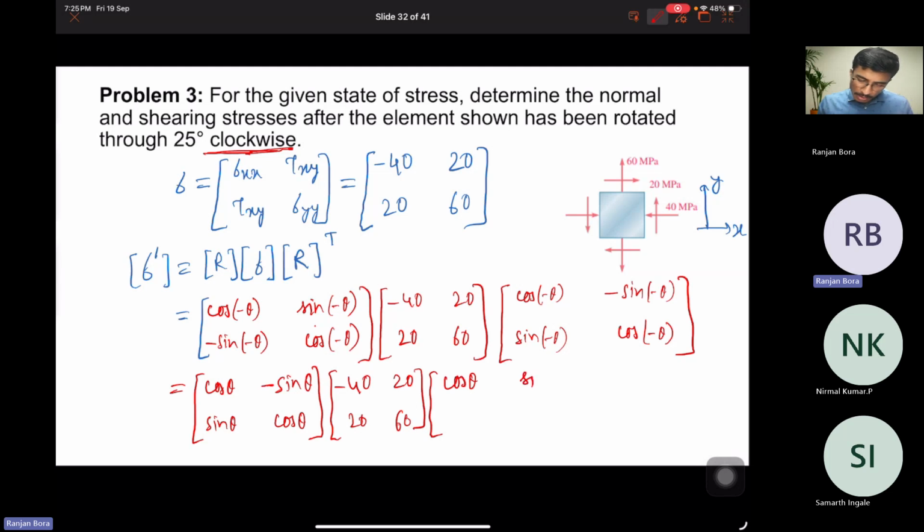cos theta sin theta. Now we'll substitute theta as 25 degrees. I'm directly writing, I will put cos 25 here. So cos 25 is 0.91 and minus sin 25 is 0.42.